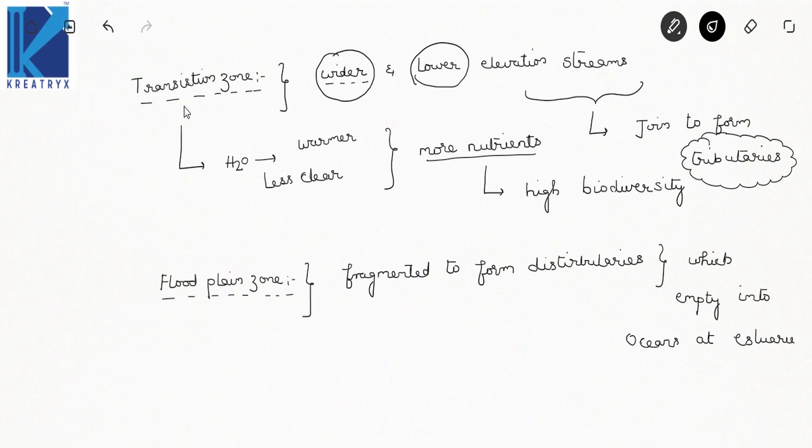Now already in the previous slide we discussed that the zone where the river water combines with the ocean is called the mouth, and this mouth is called an estuary. The place where river water and ocean water mix together is called an estuary. Now what are the characteristics of this zone?